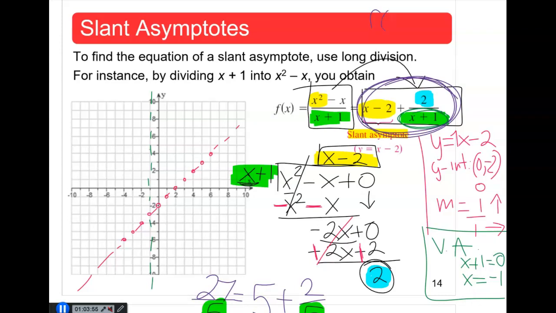So f of 0 is equal to 0 minus 2, and then I have this part as well, 2 over 0 plus 1. If you notice, I'm substituting a 0 here and here. So then I will get negative 2, 0 minus 2 is just negative 2, plus 2 over 1, which is equal to negative 2 plus 2.